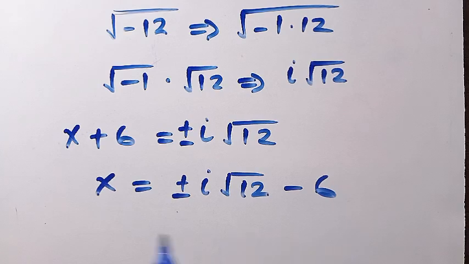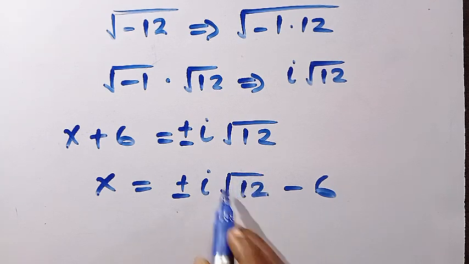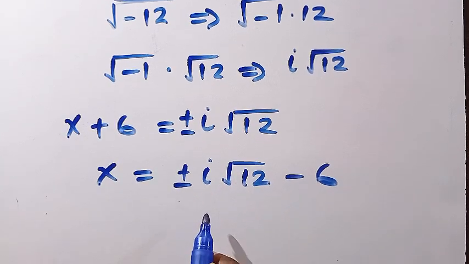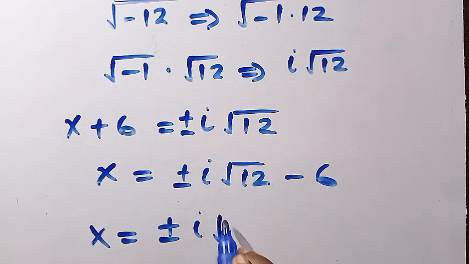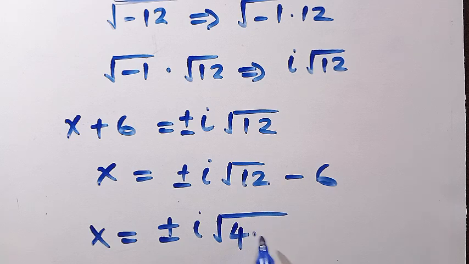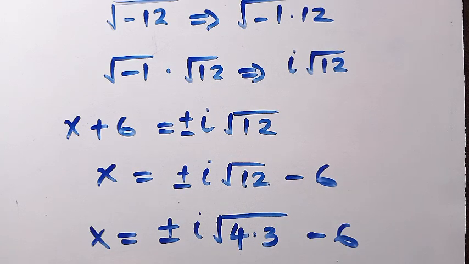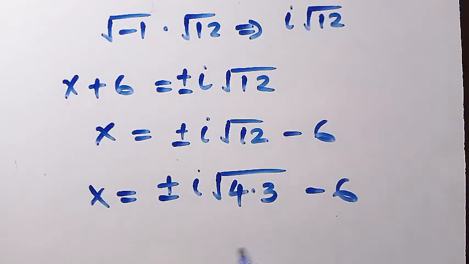So by taking 6 to the other side, we have plus or minus i root 12, then minus 6. But root 12, we have to break it down as the square root of 4 multiplied by 3.